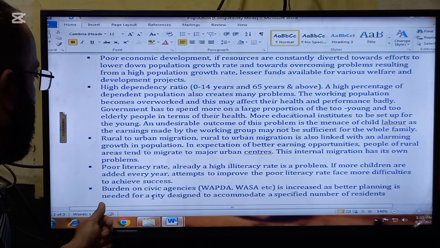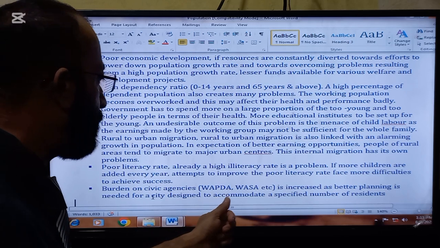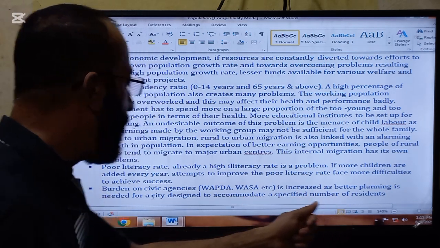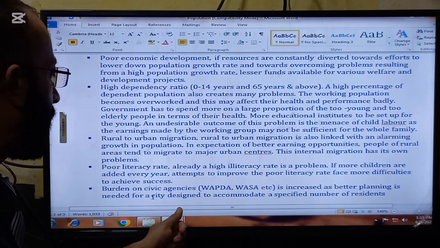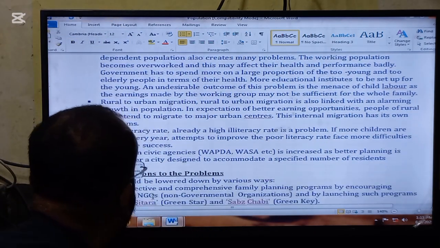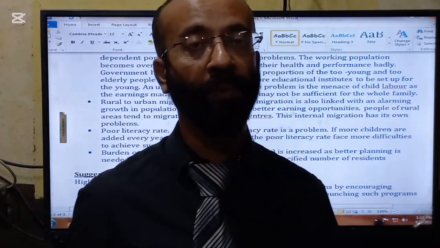Next problem is burden on civic agencies, for example, WAPDA and WASA, etc., as better planning is needed for city design to accommodate a specified number of residents. So these are a lot of the problems of the high population growth rate.